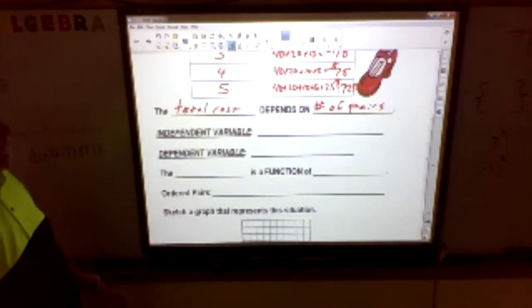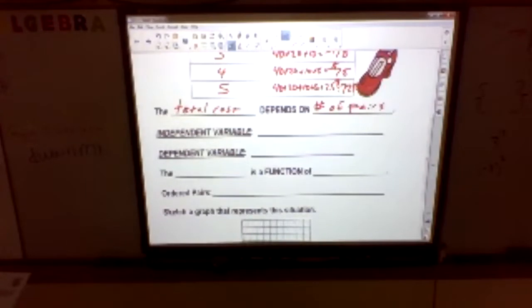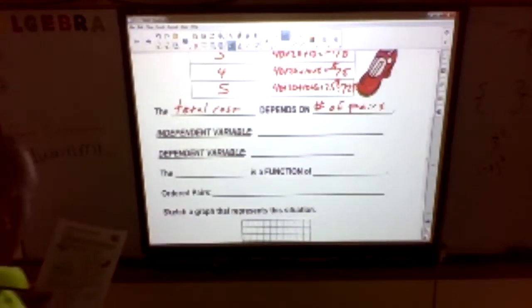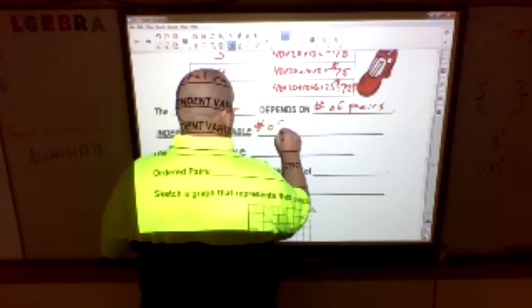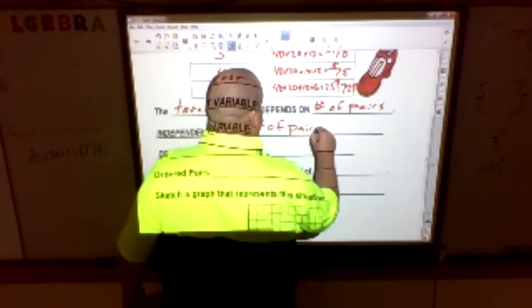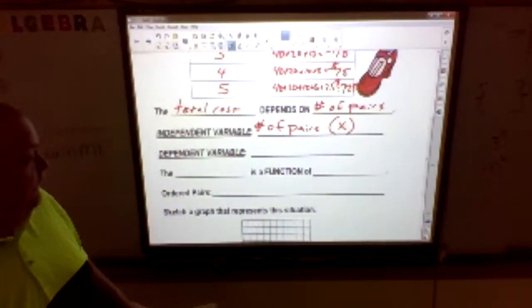If you just bought 1 pair, it's $40. You buy 5 pairs, it's going to be $77.50. So the total cost depends on the number of pairs. The independent variable is the number of pairs, which is your X value. X will always be your independent.